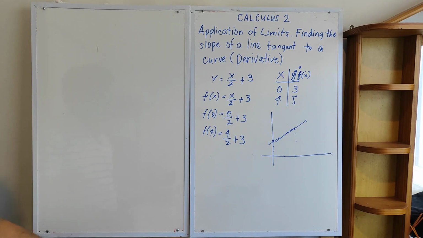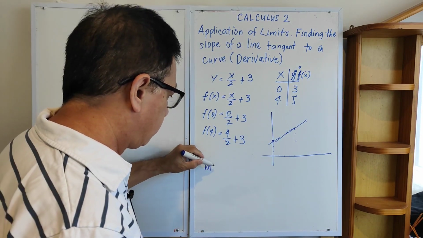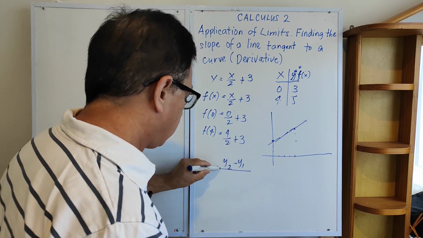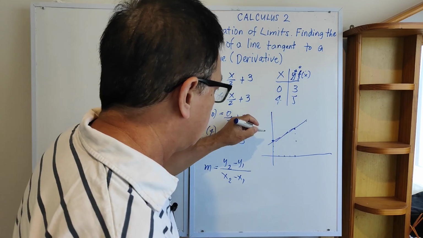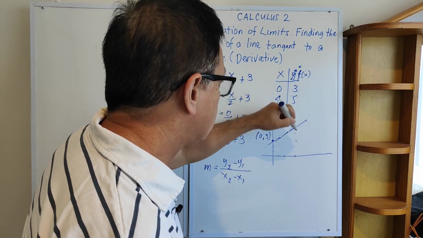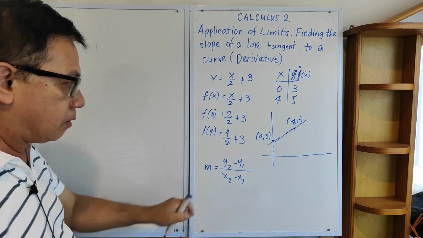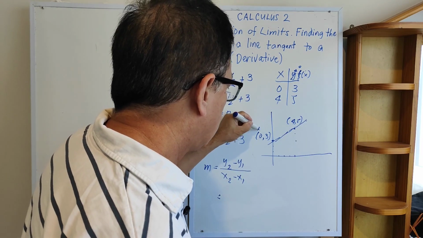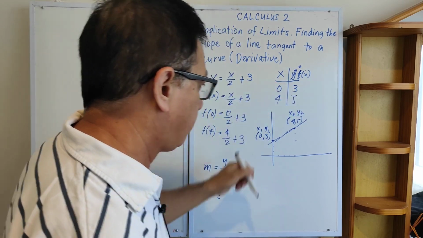Now if you want to get the slope using these 2 points, the slope is y2 minus y1 over x2 minus x1. So this is 0, 3, this is 4, 5. Those are x1, y1, x2, y2.